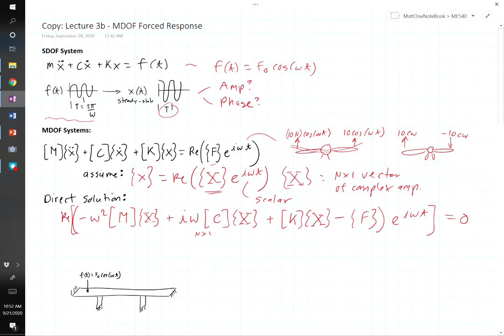And the only way that this equation can be satisfied for all time is if every single one of those is equal. And so the inner part has to be equal to 0, and we can actually solve this for x. X would be equal to this inner part here.